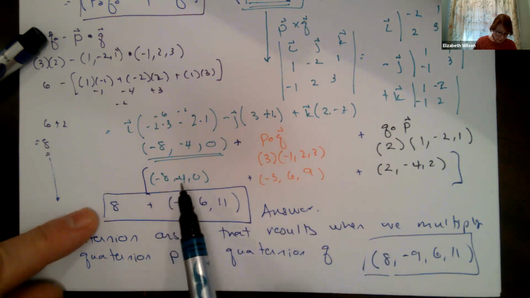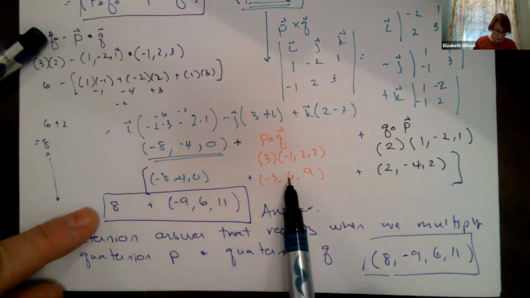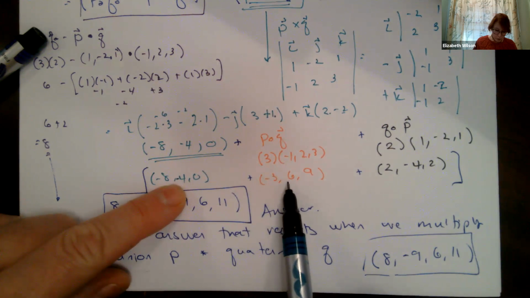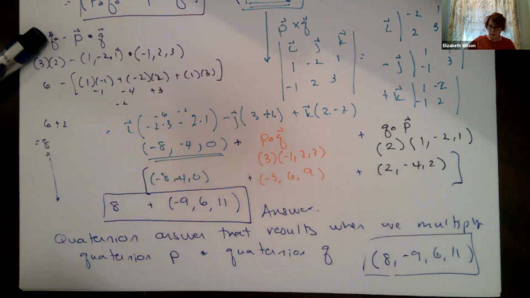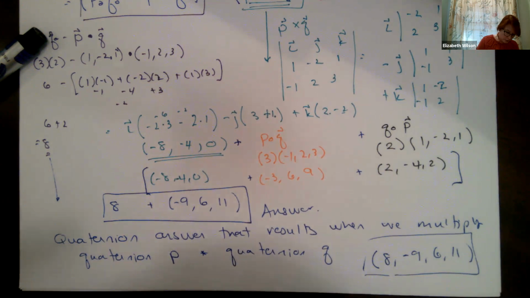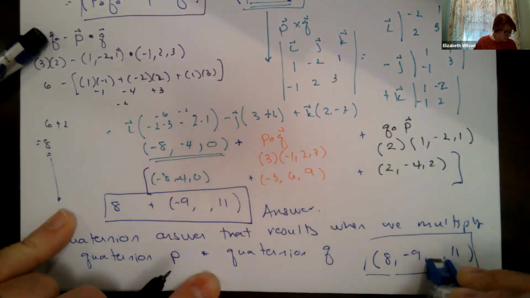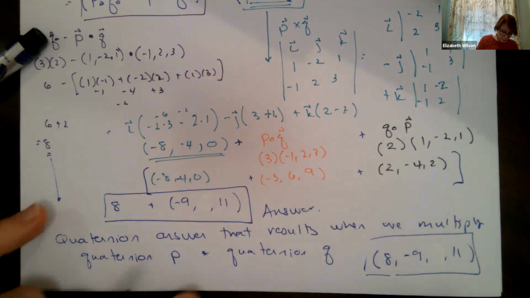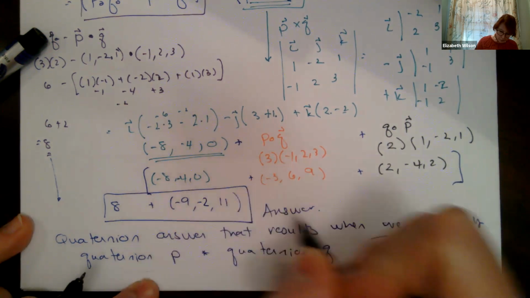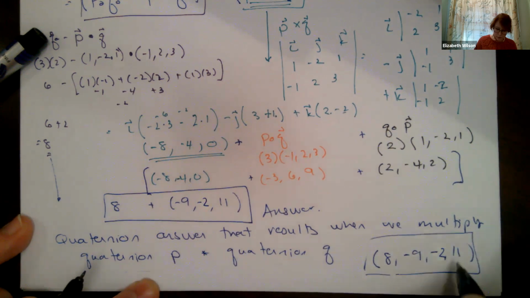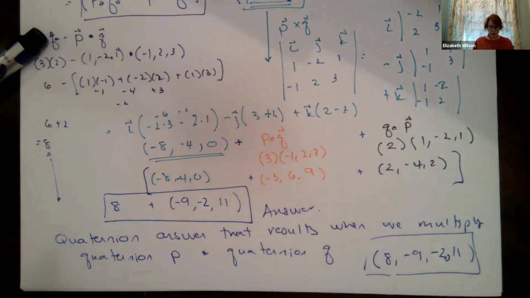Minus 4 plus 6 gives me 2, times minus 4 is going to give me minus 2. Thank you very much, good catch. I'll throw in these mistakes every now and then to see if you're paying attention.